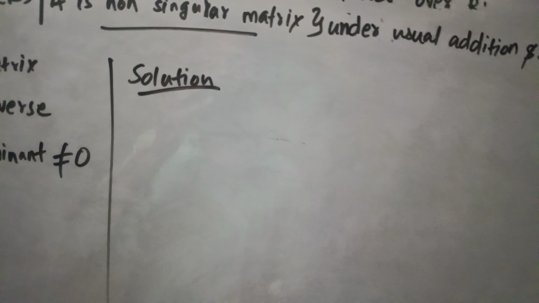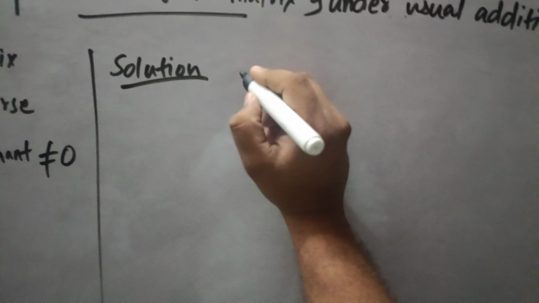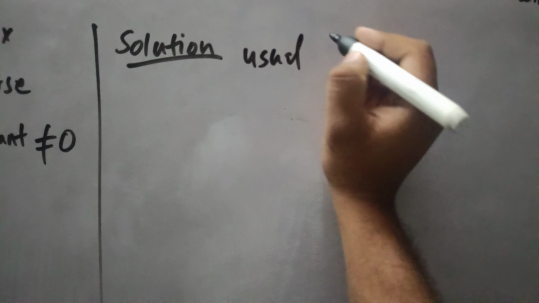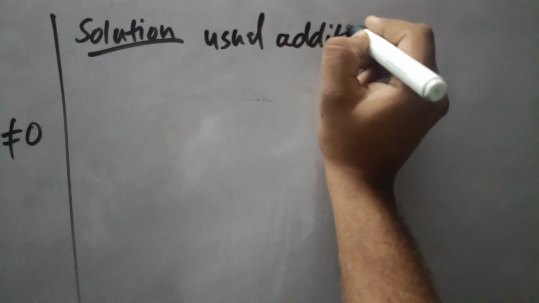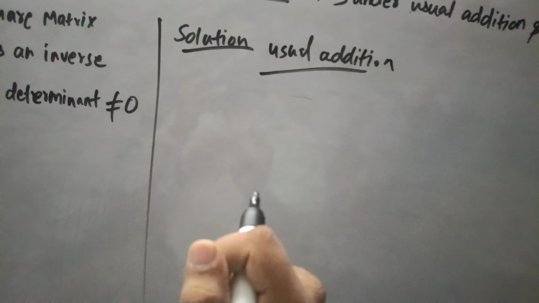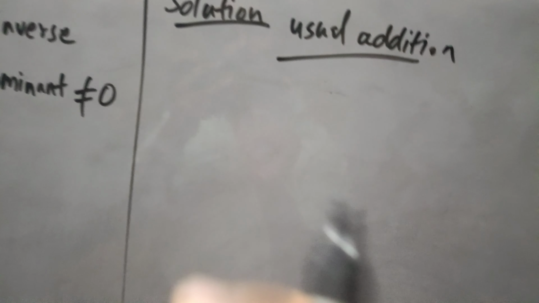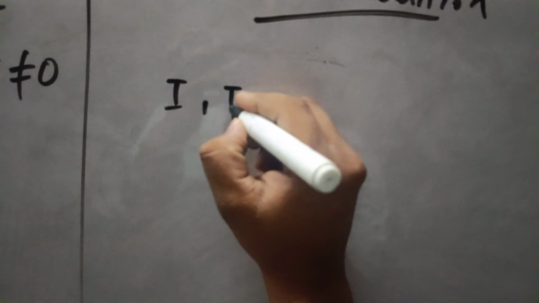So for solving this, first of all, let's see the usual addition, the vector addition. Let us take two matrices which are inverse to each other, for example I and I inverse.